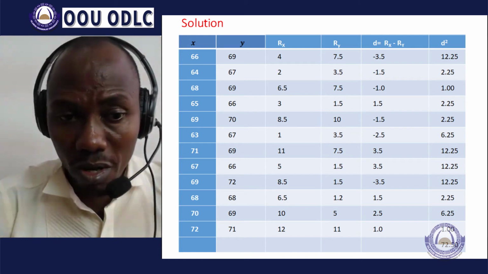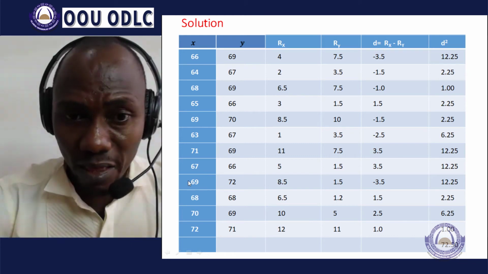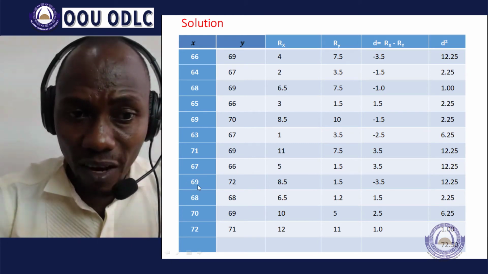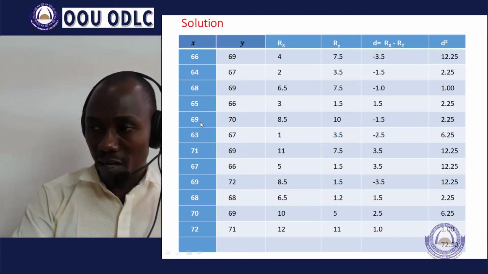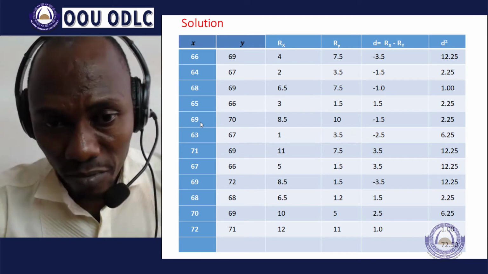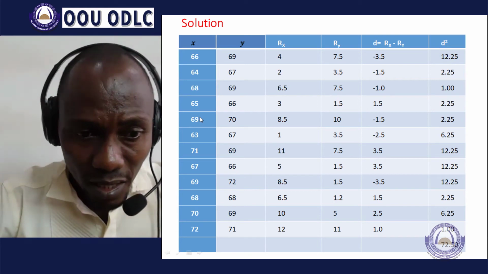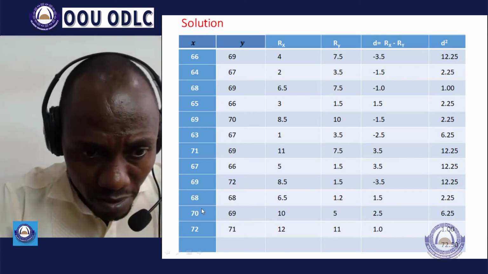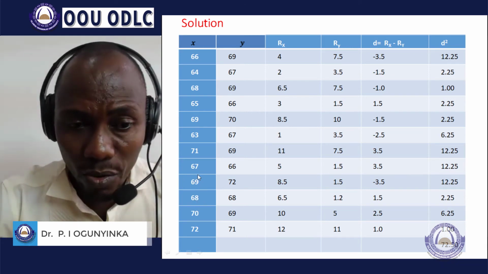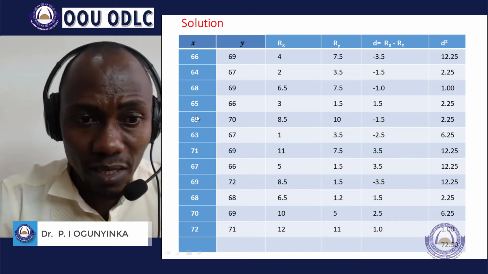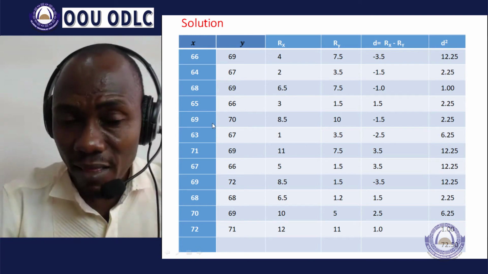Next, we move to the 8th item. The 8th item is 69. Again, there are two values of 69, 69 here and 69 here. Again, we are observing ties of rank, with the ranking of 8th and 9th.